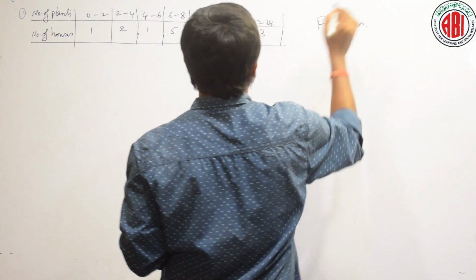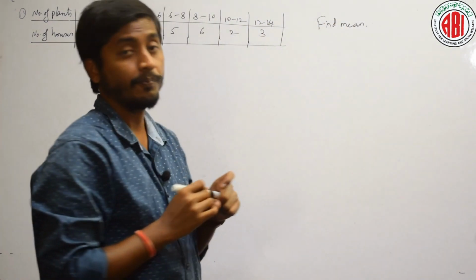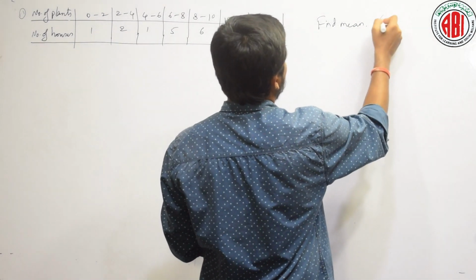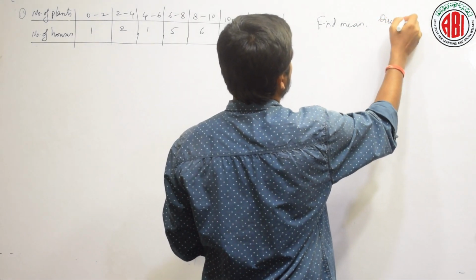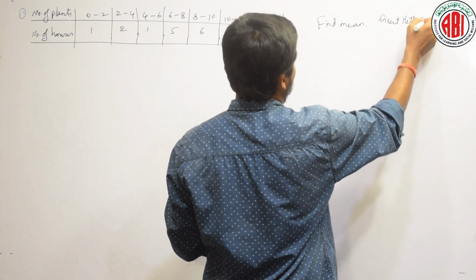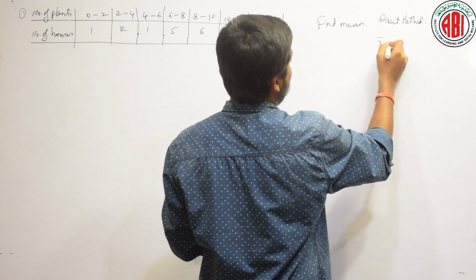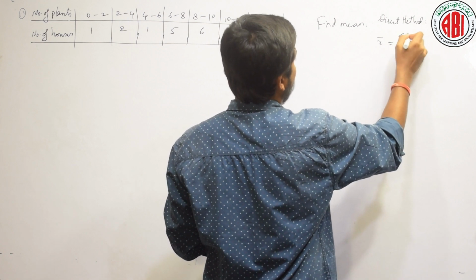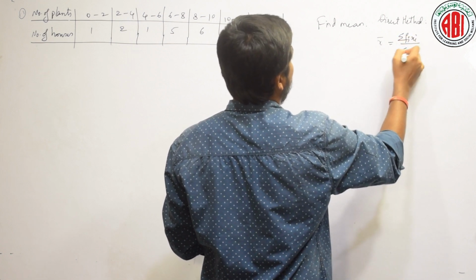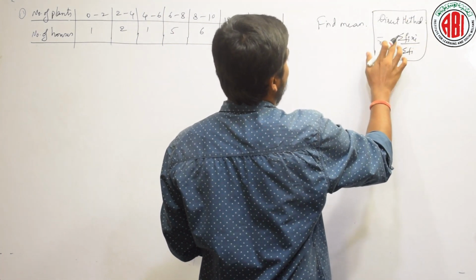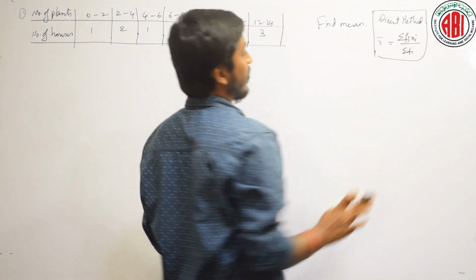For this sum, let us use the first method, that is called as direct method. It is simple, that is why I did not explain it separately. Direct method is represented by summation fi xi by summation fi. What is this? It is sum of observations by number of observations, that is it.